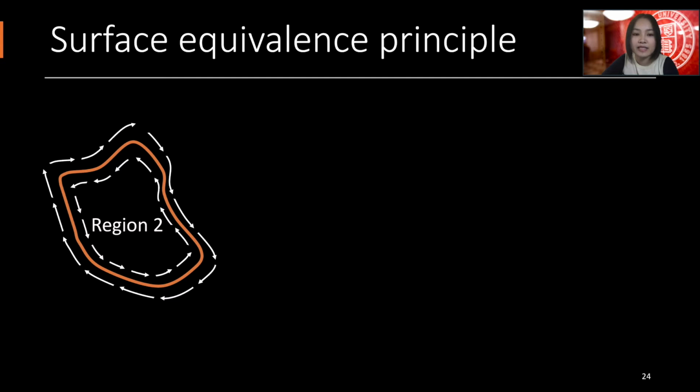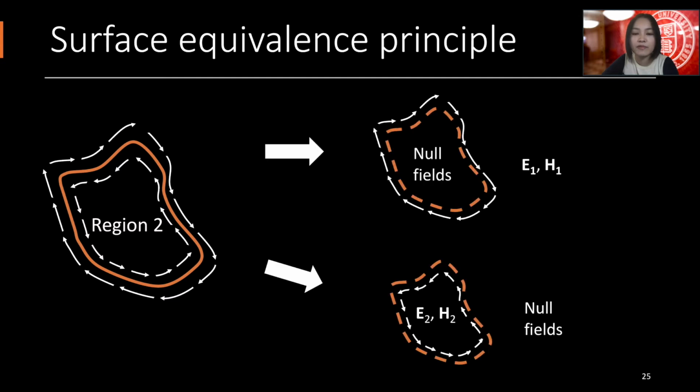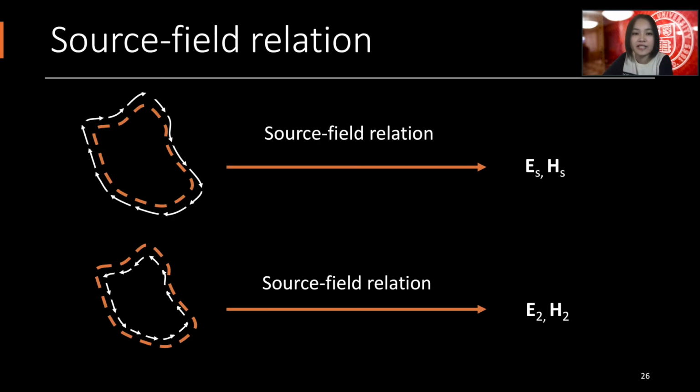This principle lets us transform the scattering problem into a pair of problems concerning unbounded homogeneous media. In the equivalent exterior and interior problems, we can express the fields as integration of the surface currents multiplied with the Green's function, and this formulation is called the source-field relation. This relation enables us to compute the scatter fields once we know the surface currents.